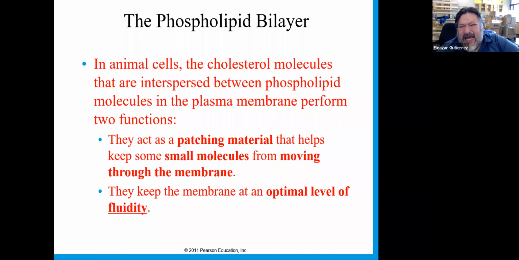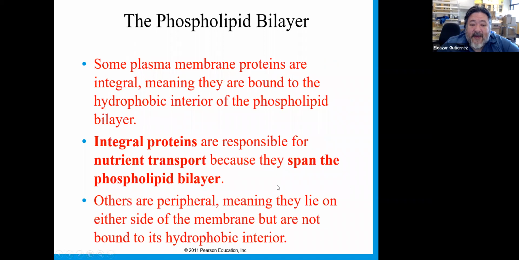I really hate that statement, but the reason they call it patching material is because the cholesterol is hydrophobic, so it has a tendency to pull the tails towards itself. So yes, it functions like this. But really, the key role is to keep the membrane at an optimal level of fluidity.